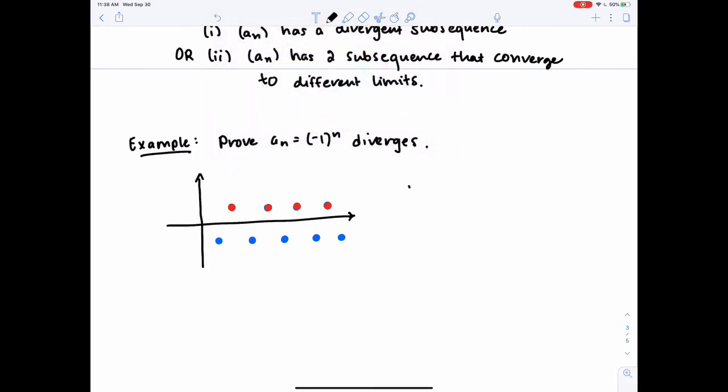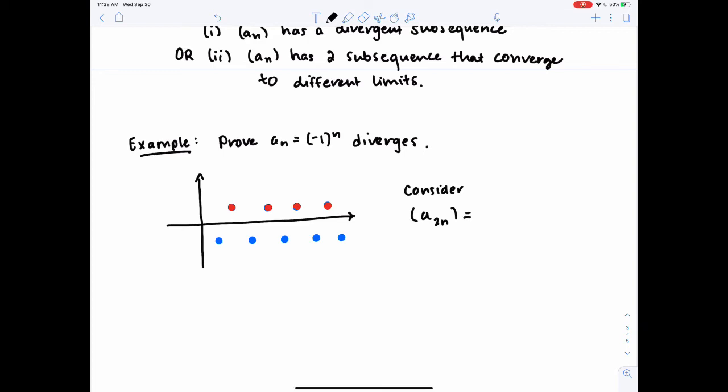So consider the subsequence of the form, I could say a_{n_k} if I want, but I can be a little bit more specific here. I could use the formula for how I'm going to choose my subscripts. So if I'm talking about all of the even subscripts, I'm talking about a_{2n}.